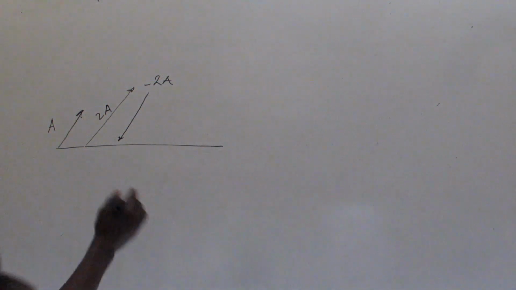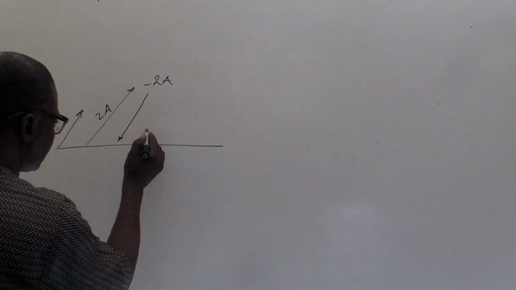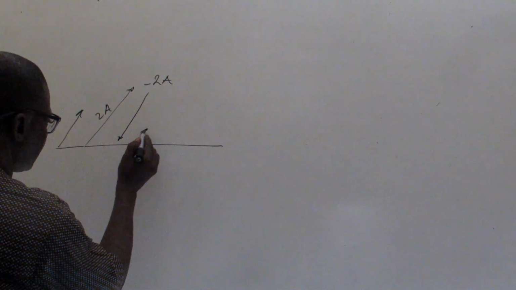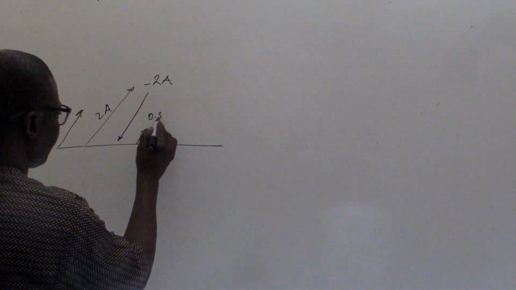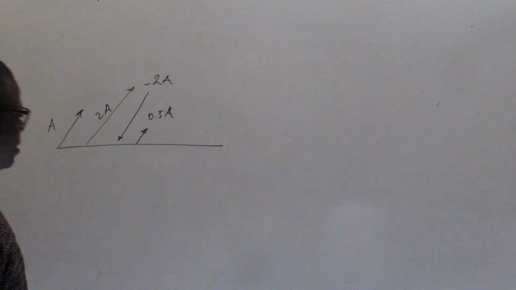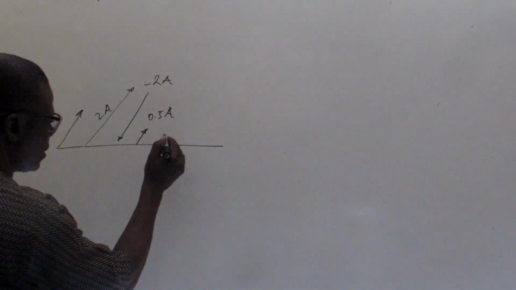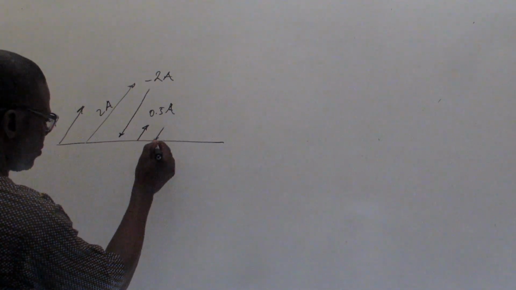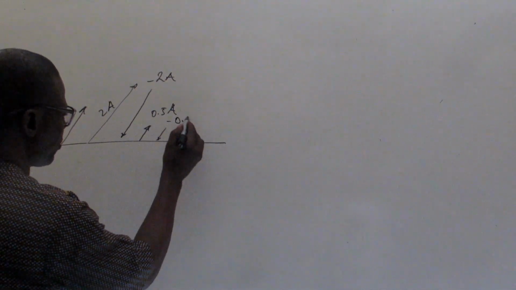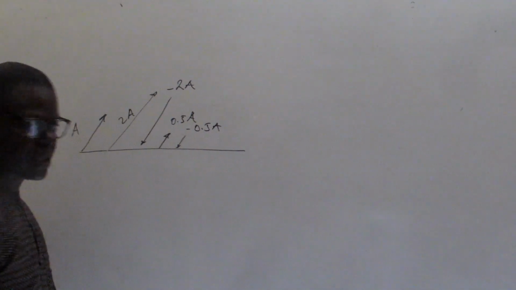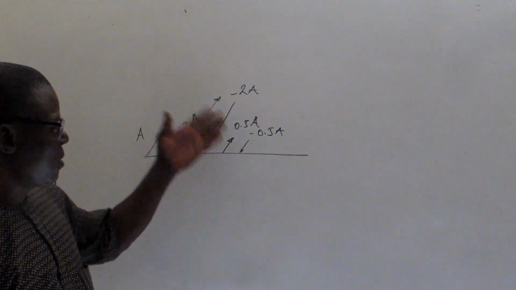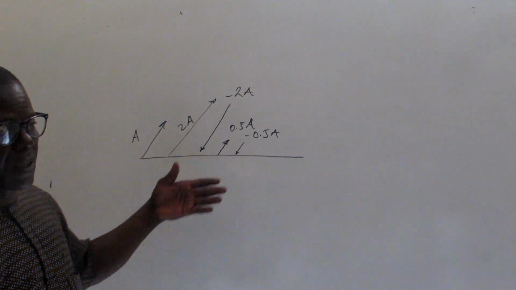I can multiply the vector by a lower quantity, which, take for instance, this is 0.5A this way, or it could be this other way, minus 0.5A. That is dividing the vector by a factor.